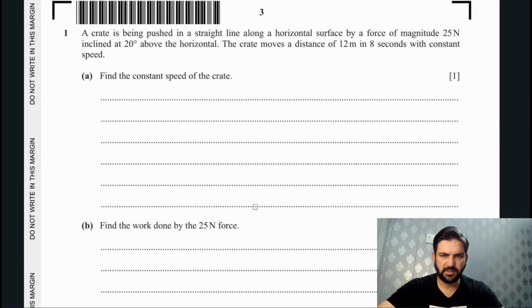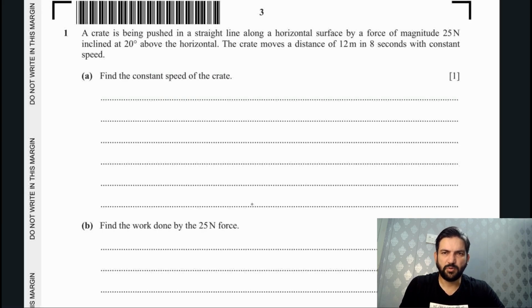Question number 1 is that a crate is being pushed in a straight line along a horizontal surface by a force of magnitude 25 Newton inclined at 20 degrees above the horizontal. The crate moves a distance of 12 meters in 8 seconds with constant speed. So what does it mean?